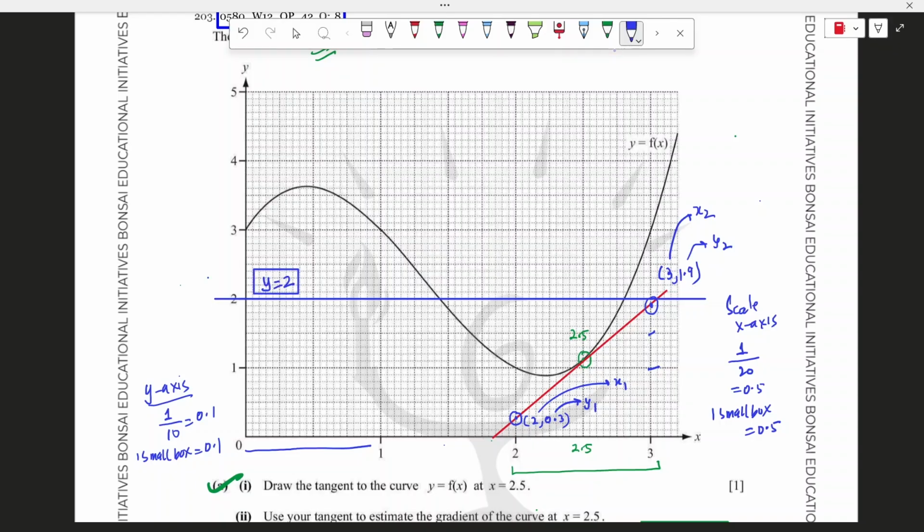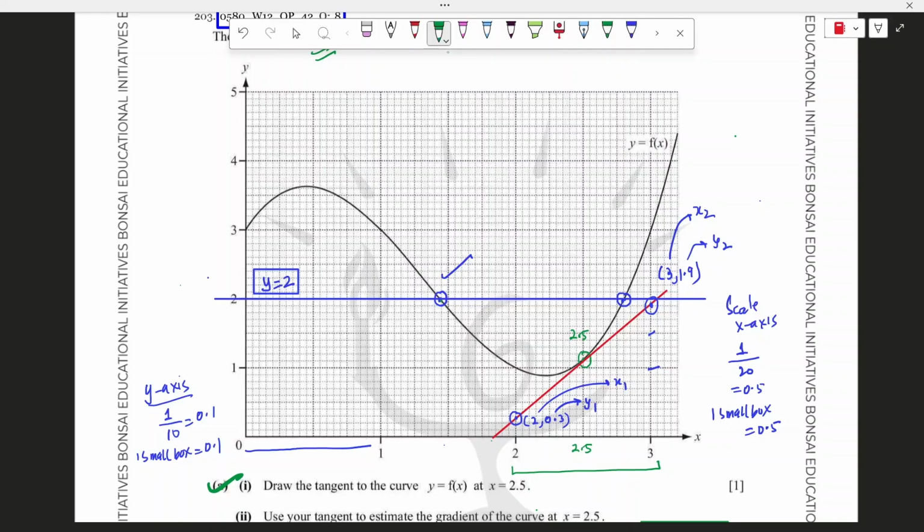And y equals 2 intersects the original graph at 2 points. Let us take one here. Okay, this is the first point and this is the second point. So when we are solving with the help of an equation, we need to find the x values.